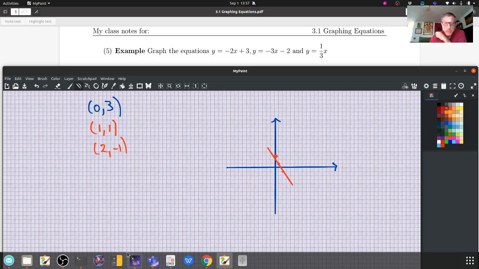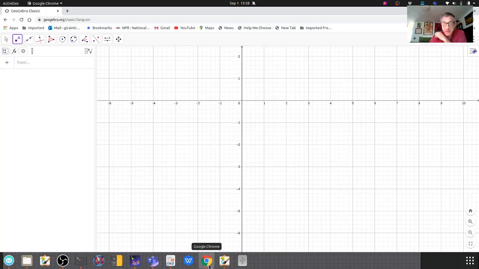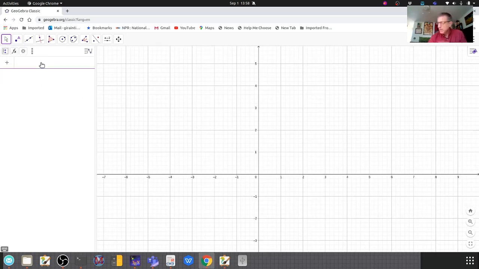Now, if you use GeoGebra, you can see immediately, and you can't really use GeoGebra, but I'm going to use it just so you can see. We're going to input the point 0, 3, and it does it for us. Then I'm going to input the point 1 and 1, and it plots it.